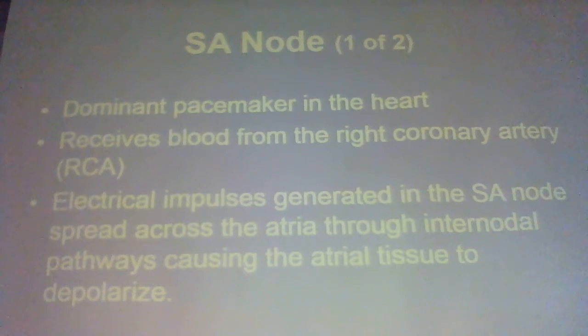So, in your limb leads, typically a P wave is less than 2.5 millimeters, which is 2.5 little boxes, because each little box is a millimeter. In your precordial leads, or your V leads, it's typically less than 1.5 millimeters.